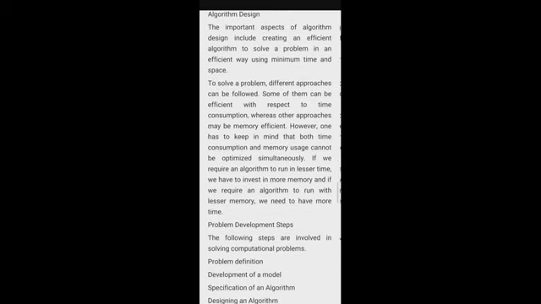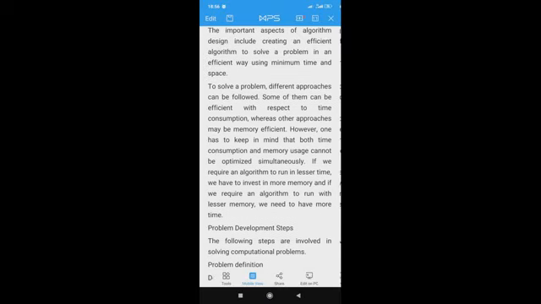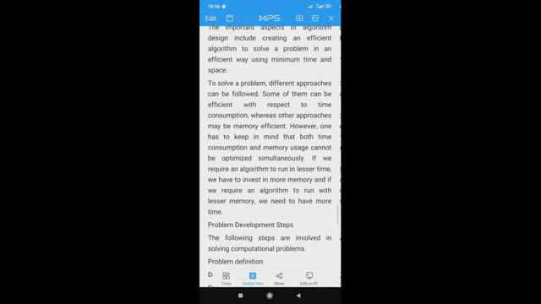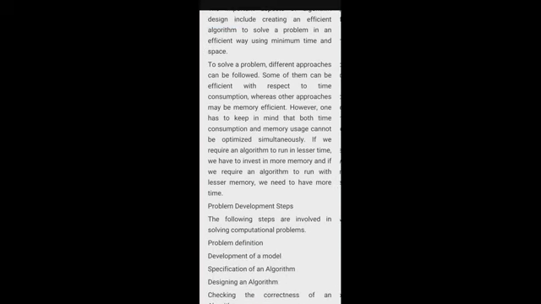Then from there, we go to what is called problem development steps. What is needed at this stage for you to understand is that, just like there is a course called software development life cycle, it is very similar to this.